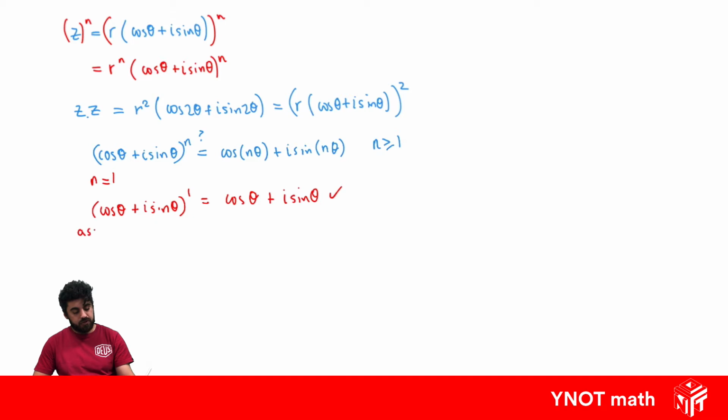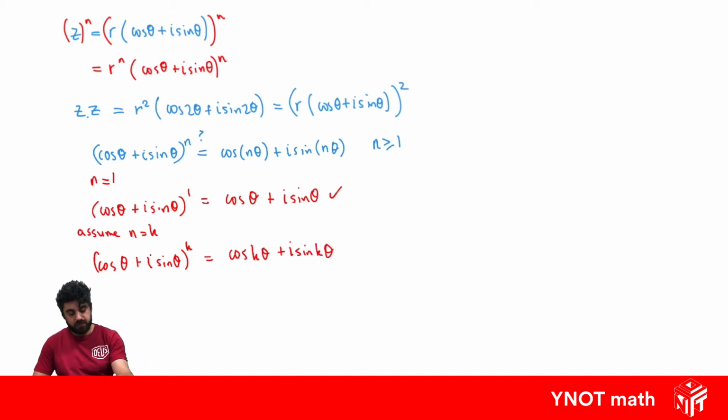So let's assume it's true for n equals k. So we're going to have cos theta plus i sine theta all to the power of k equals cos of k theta plus i sine k theta. So we're assuming it's true for n equals k.